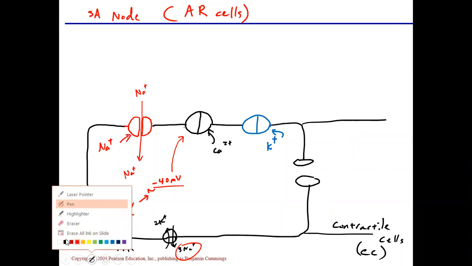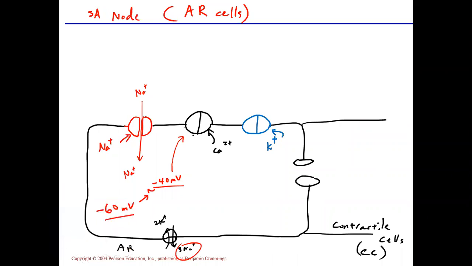In this case, we'll call this type fast calcium channel, because as the calcium channel opens, calcium that is higher outside starts going inside.